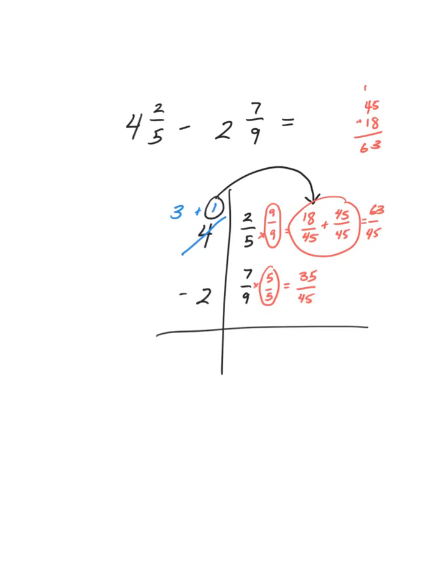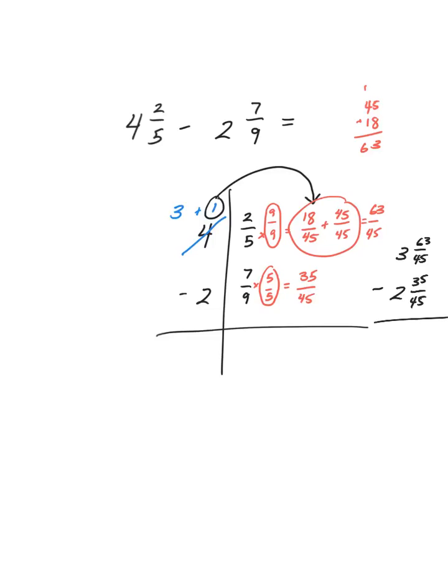So what I have just done is I have made a new problem. My new problem is 3 63/45 minus 2 35/45. Now when I say a new problem, I haven't really made a new problem. It's my original problem, just written in a way that allows me to subtract my fractions without getting negative answers.